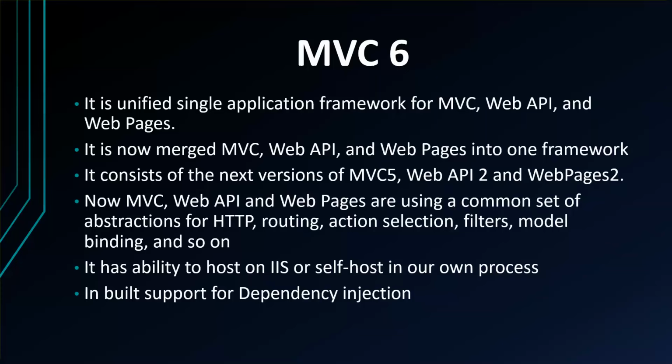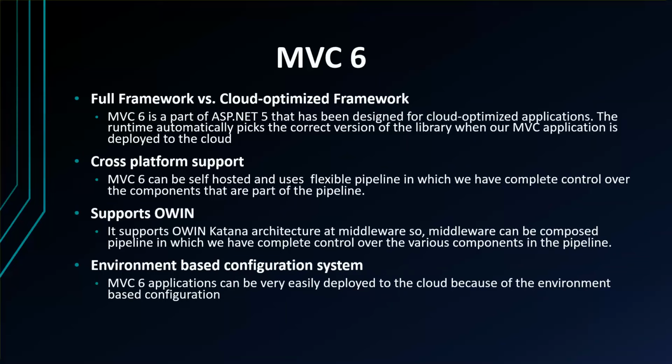Moreover, there is built-in support for dependency injection and an IoC container. Now we can develop MVC 6 applications on both .NET Framework 4.6 and the cloud-optimized .NET Core, with direct cross-platform support.